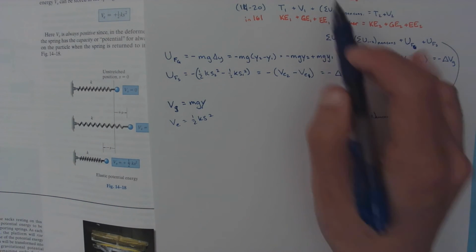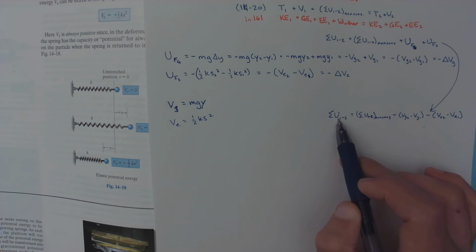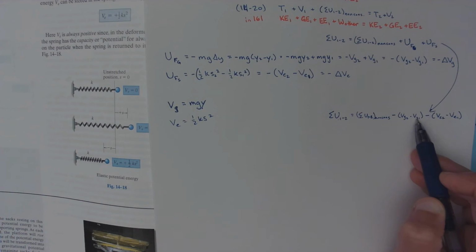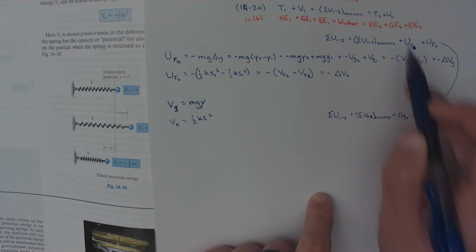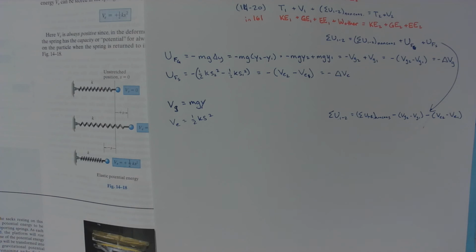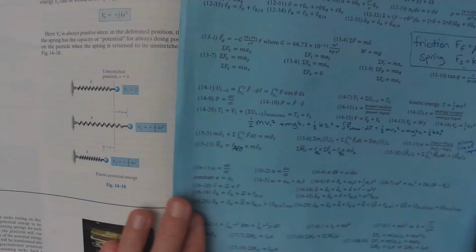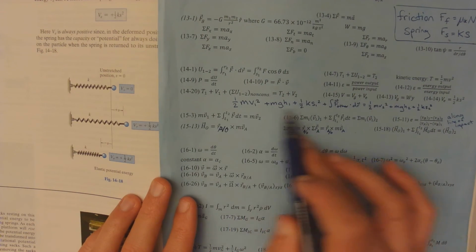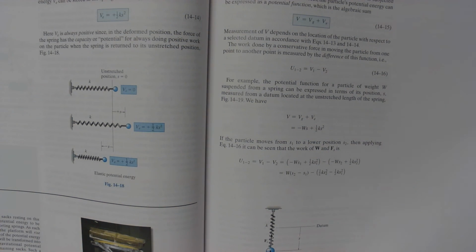So this would go in for what we have here, and we would have the initial potential be positive because we have two negative signs. The final would be negative, but then you bring it over to the other side of the equation and it's positive. So hopefully you see now how equation 14.7 and 14.20 and this equation that we have here are all related to each other.